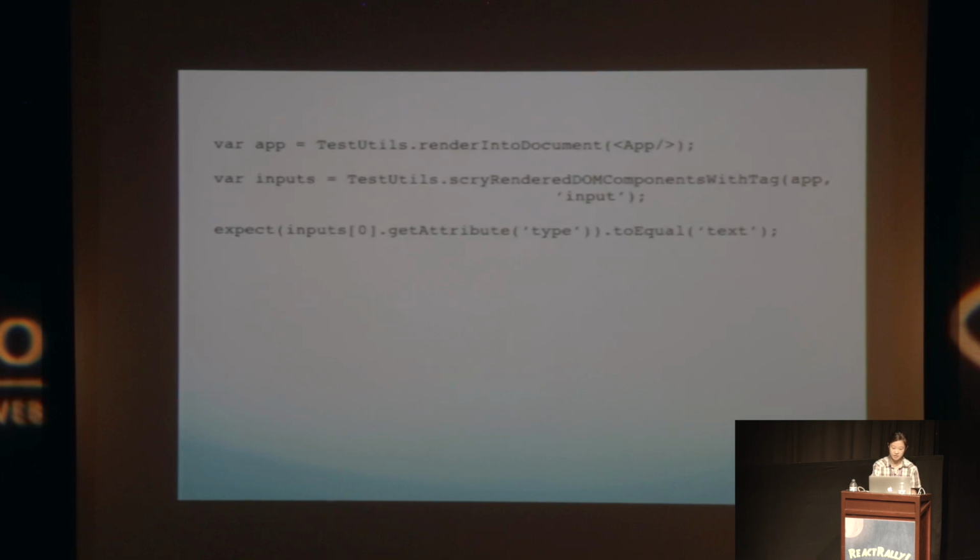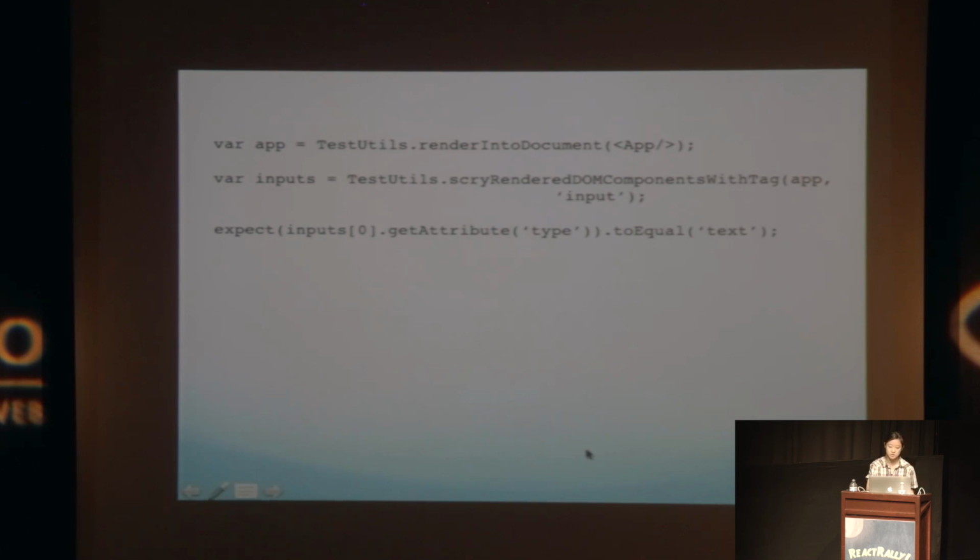So now you render the app component using renderIntoDocument, and then you find the list of input fields with TestUtils.scryRenderedDOMComponentsWithTag. And then you would like to test if the first input field's type is text.